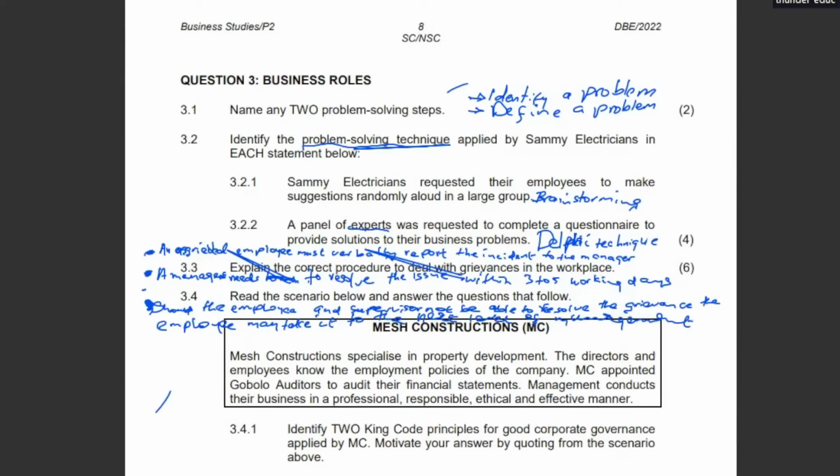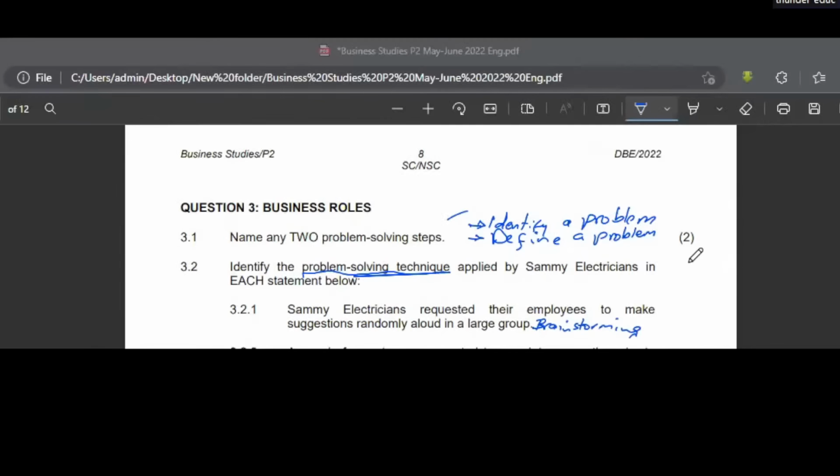Okay, right, great stuff. Now let's jump to the next question, question 3.4.